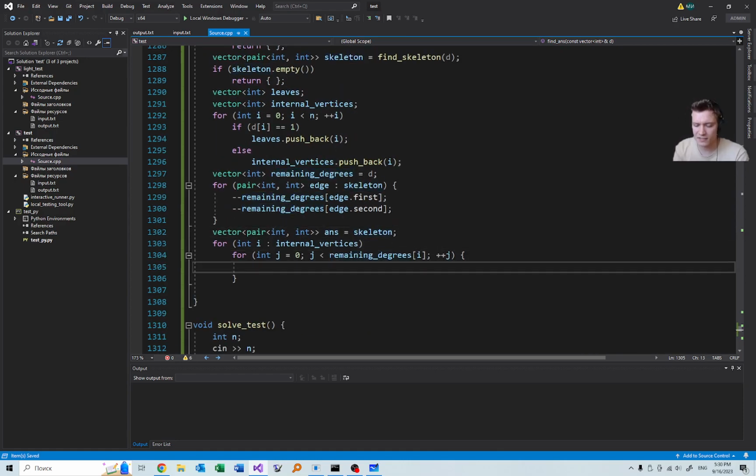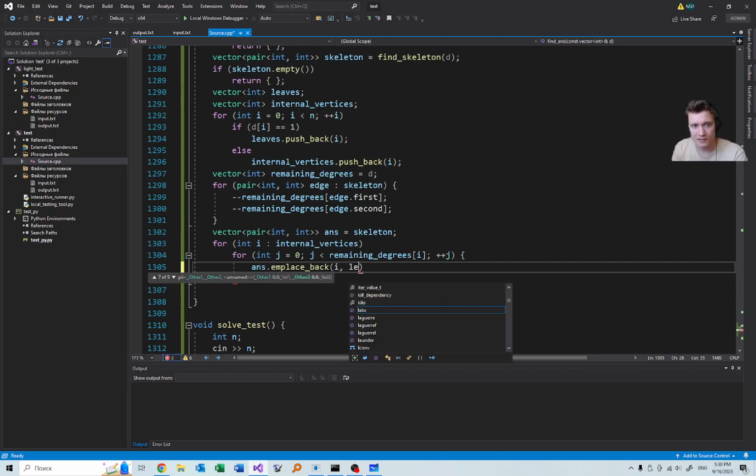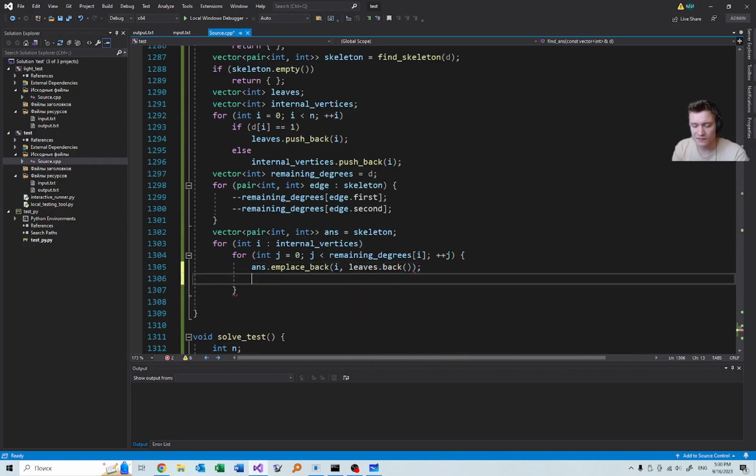And now we say that ants dot emplace back of I and leaves dot back. And after that, leaves dot pop back.